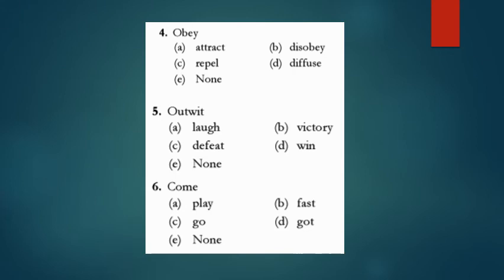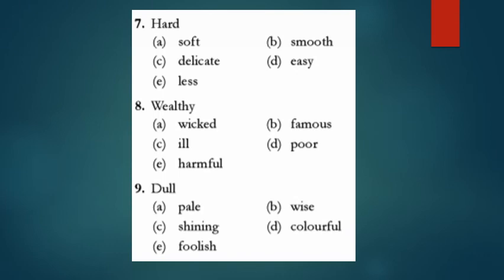Outwit: laugh, victory, defeat, win, none. Come: play, fast, go, got, none. Hard: soft, smooth, delicate, easy, less. Wealthy: wicked, famous, ill, poor, harmful. Dull: pale, wise, shining, colorful, foolish.